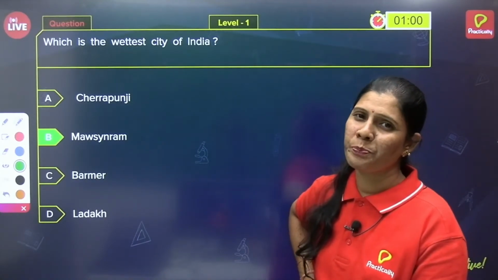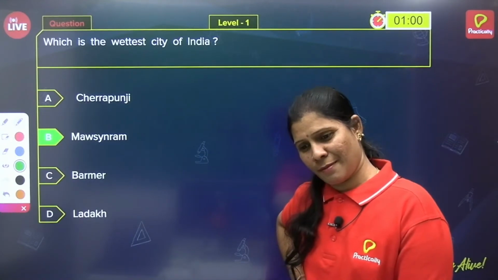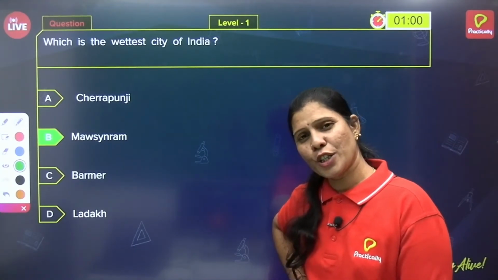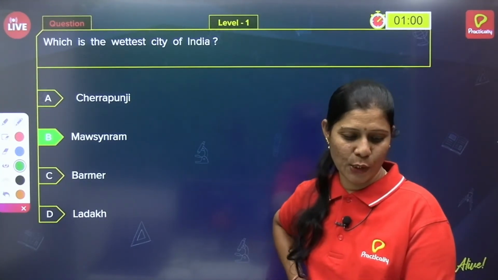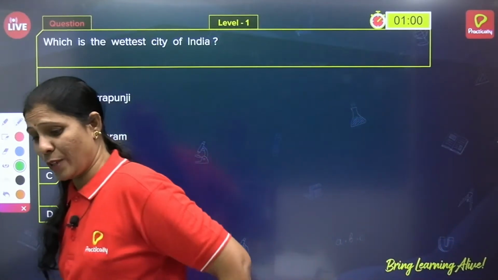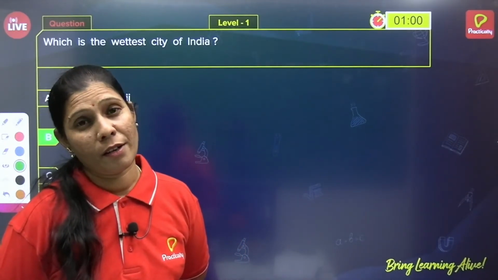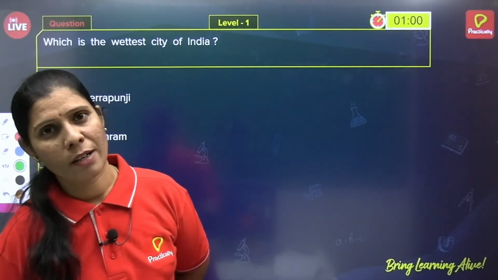ITCZ full form? Intertropical Convergence Zone. Yeah. Which state experiences low rainfall in India?